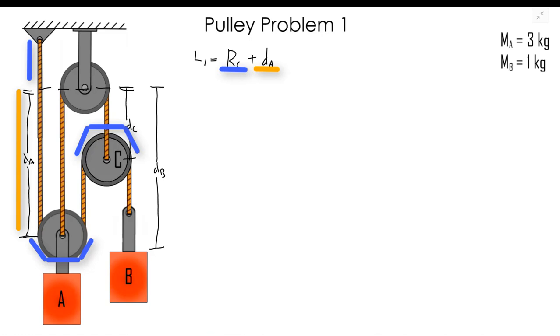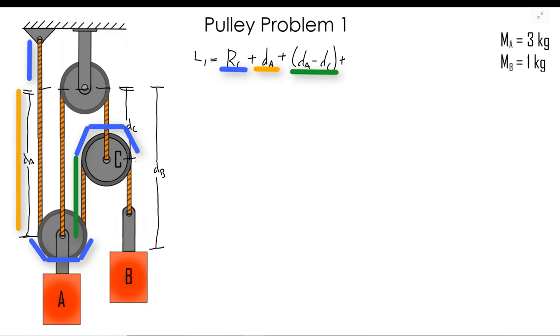And then we have this length that's accounted for RC. And then we're going to have this length right here. So this length is going to be computed with dC, or dA, so this total length minus this length in the end. So dA minus dC.